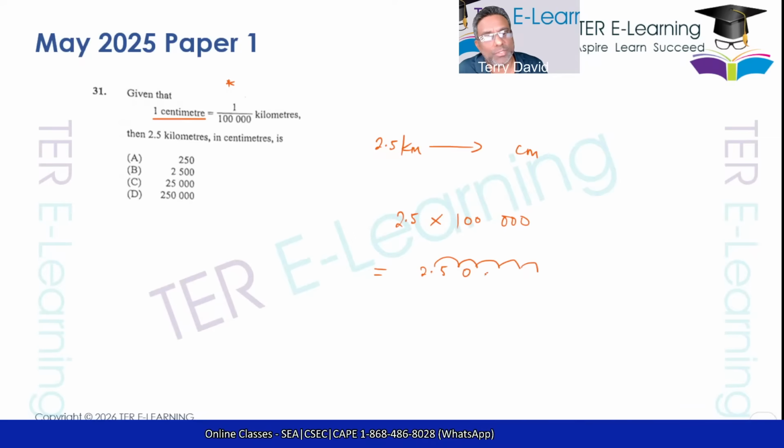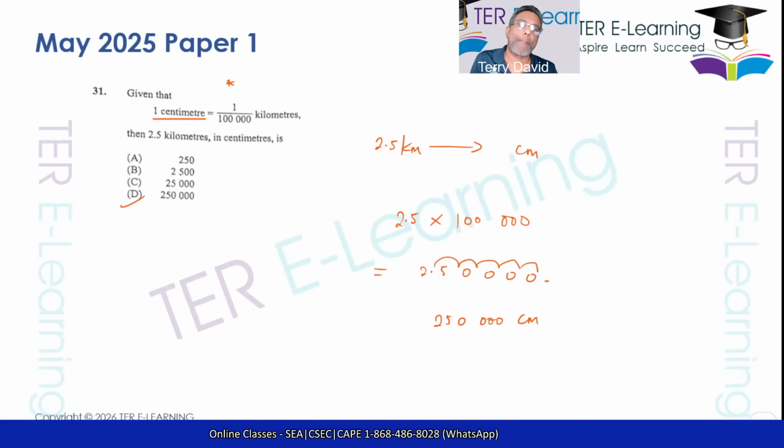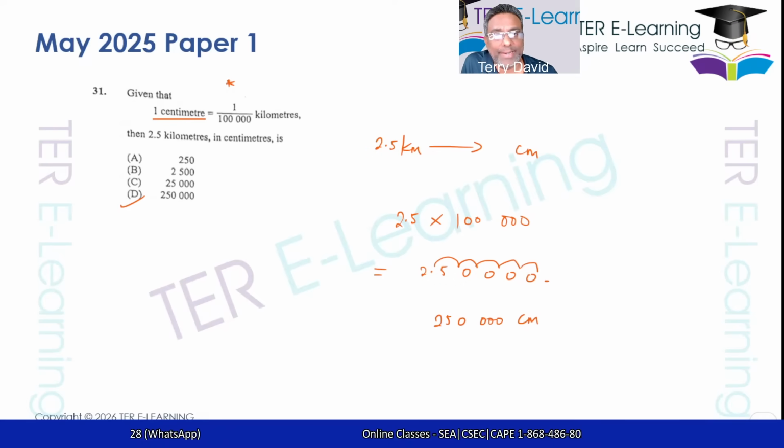So you're going to have 250,000 cm. Right? So that's your answer there in centimeters.